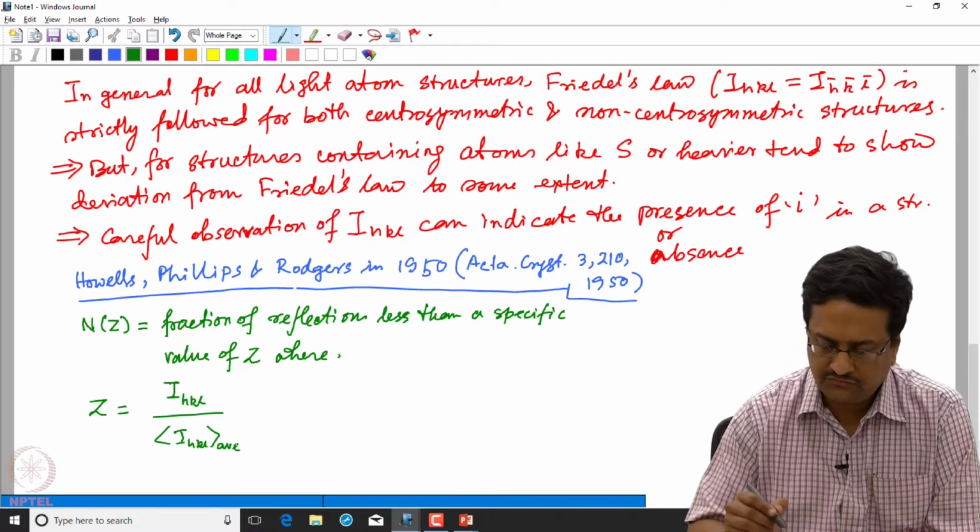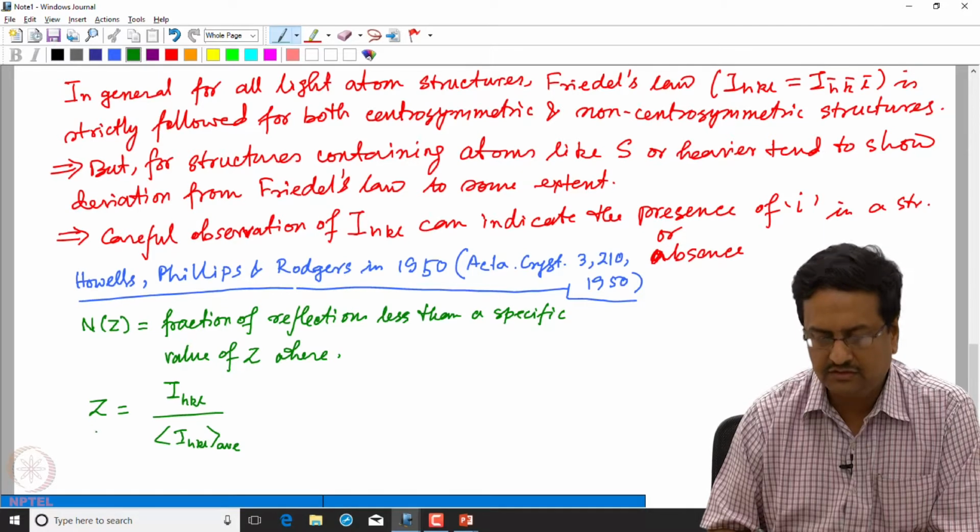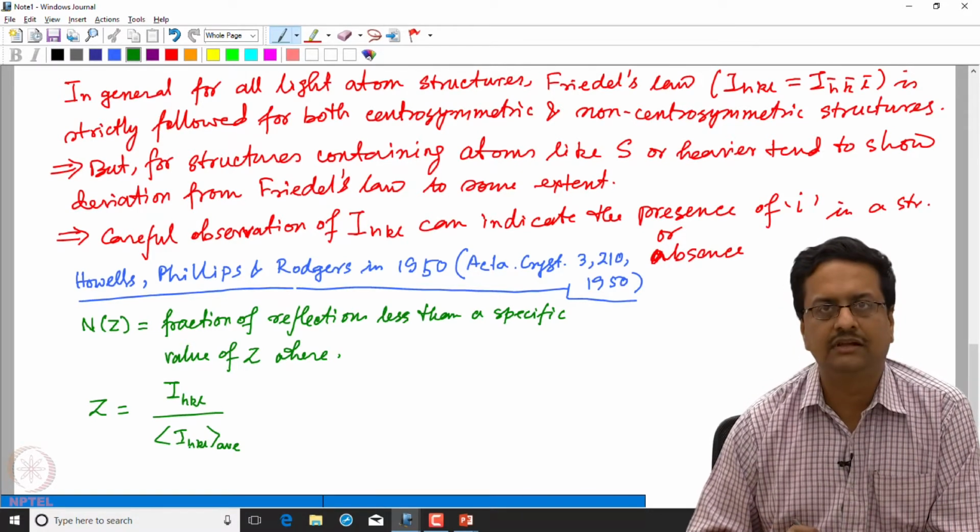So, first we need to see the value of Z for each and every reflection.